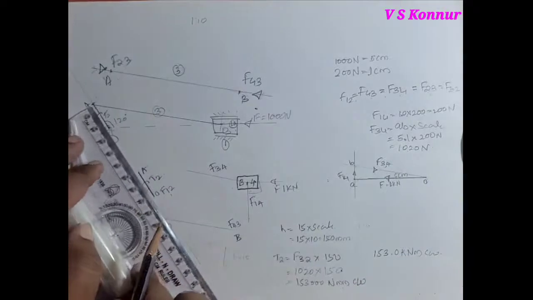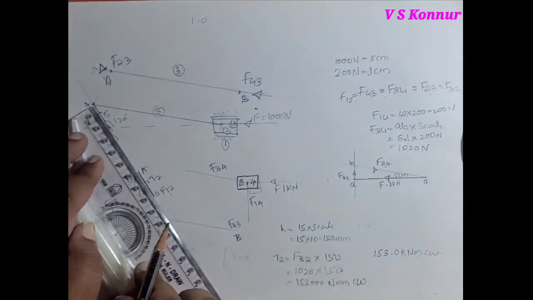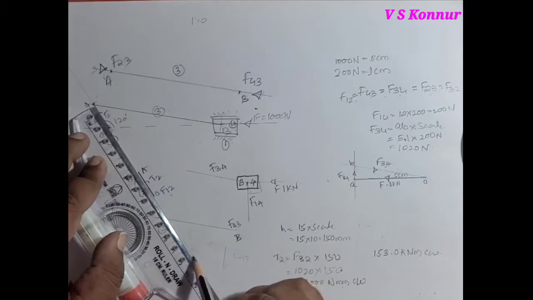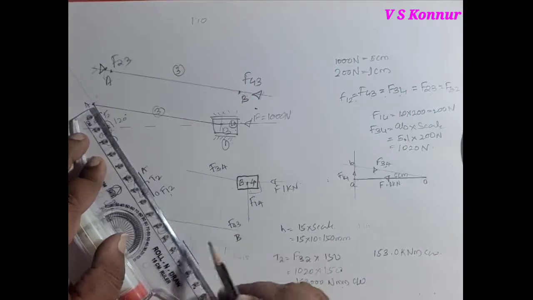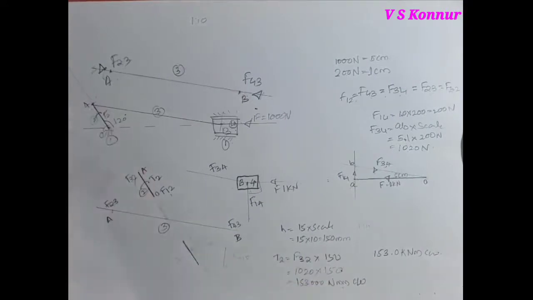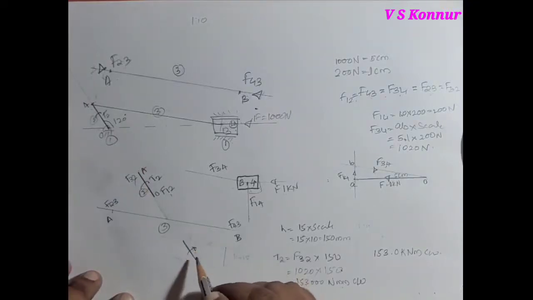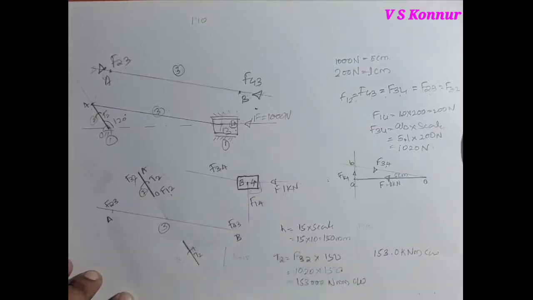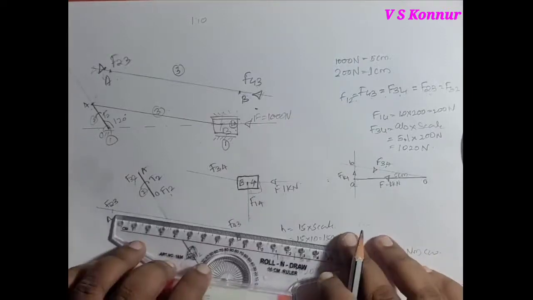Then draw the parallel line for the second link, parallel to the second link. That should be 20 millimeter, the length should be the same. And then the force acting here, T2, will be acting. We still don't know the direction.